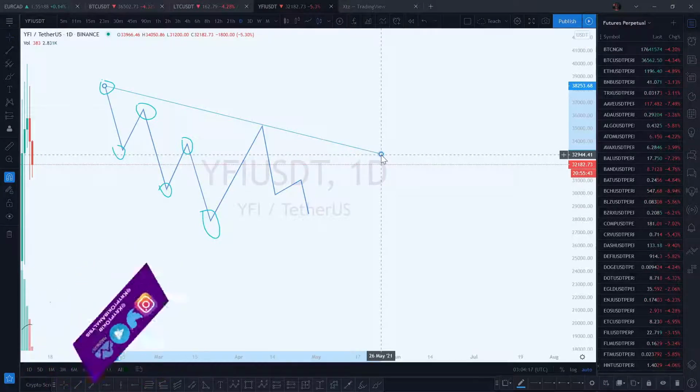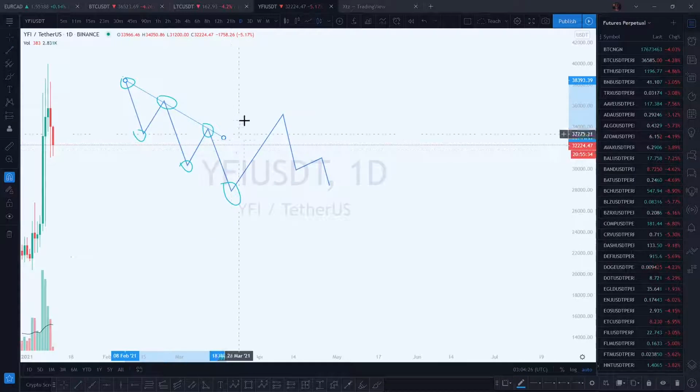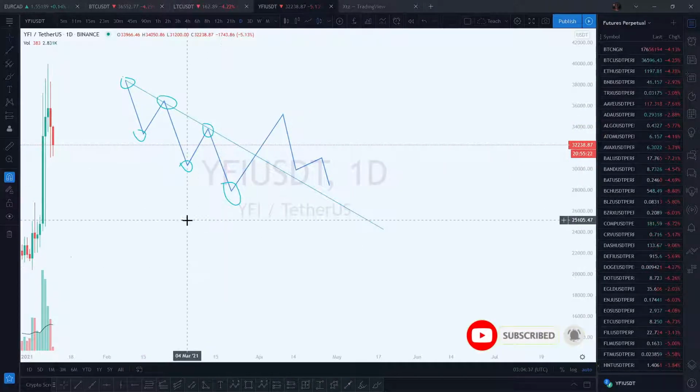You can do that, it's up to you, but when you follow the rules, you may want to draw from this point and connect this point, or from this point and connect through to this point. When you extend it into the future, not minding the current price action here, you'll get something like this. So what is this telling us?